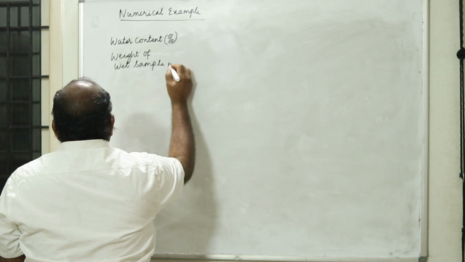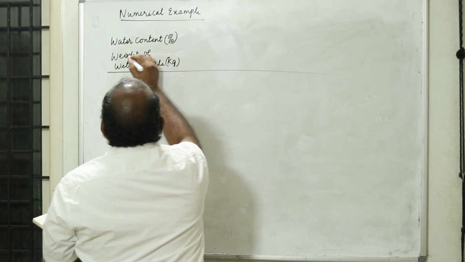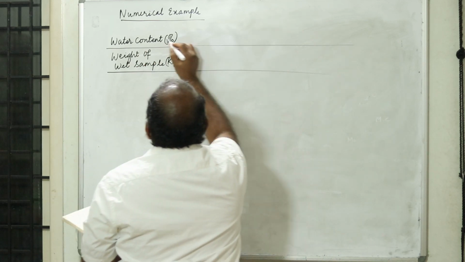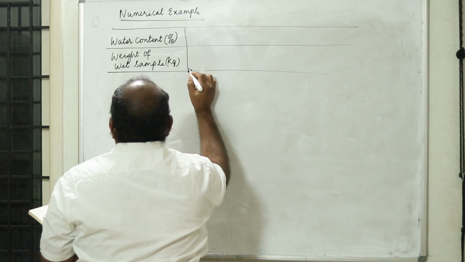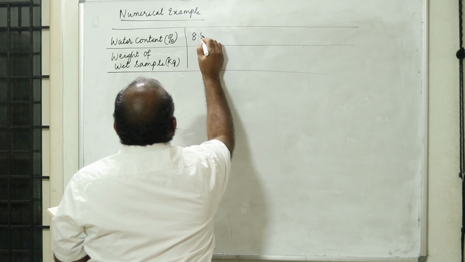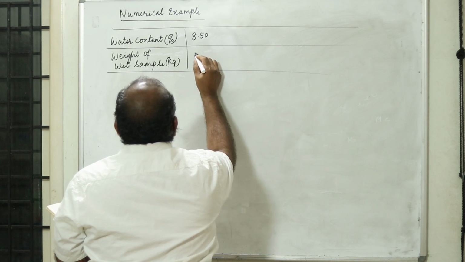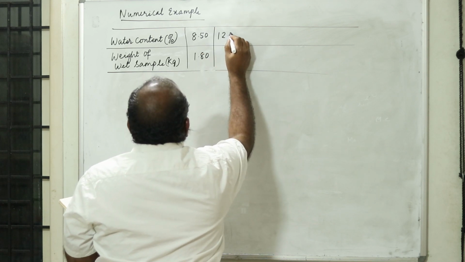Usually when it is a light compaction, in this problem it is mentioned that it is a standard Proctor test, Indian standard light compaction. Therefore the volume is known, okay, it will be 1000 cc.